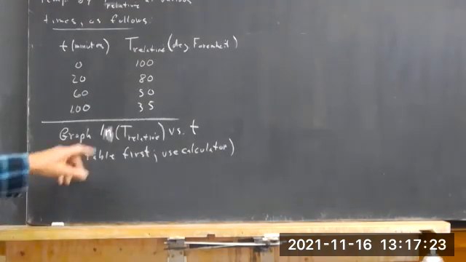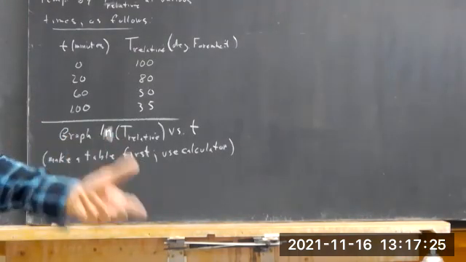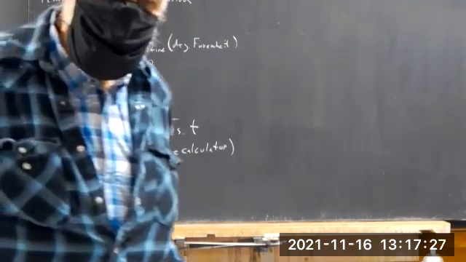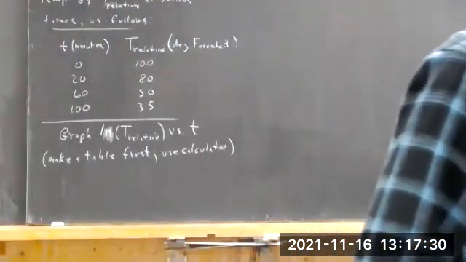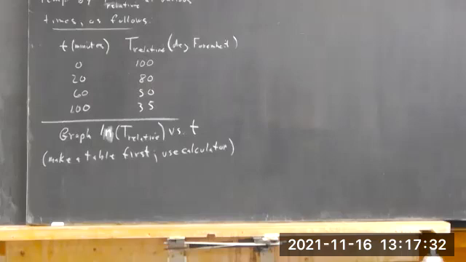If you don't have the ability to figure out the natural log, then go ahead and use the common log, because it's a simple conversion. But I think if you have one, you have the other. So I think everybody can do the natural log.